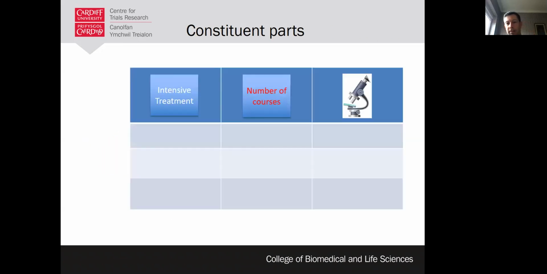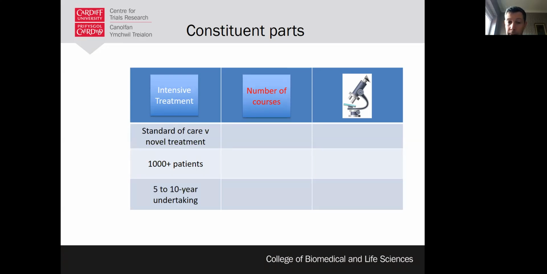So looking at the constituent parts, what are we trying to actually achieve with our clinical trials and what are we trying to improve on? So intensive treatment is reasonably effective now. So we've got a reasonable standard of care.